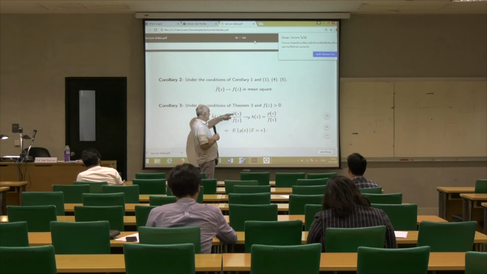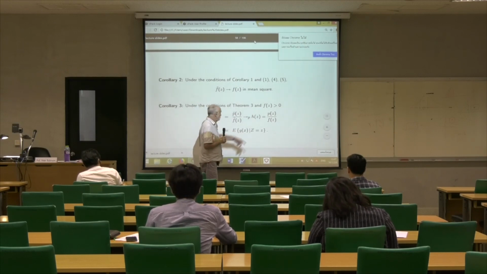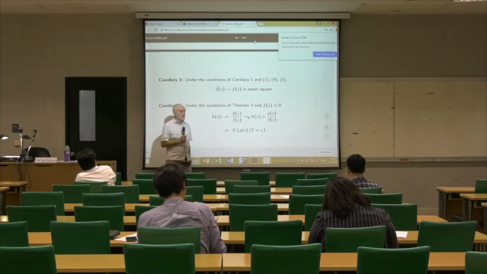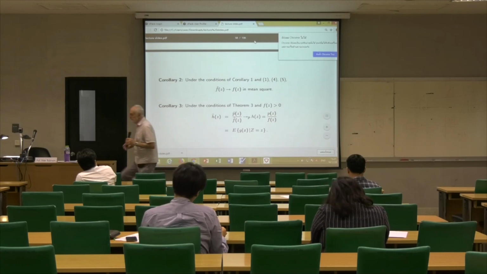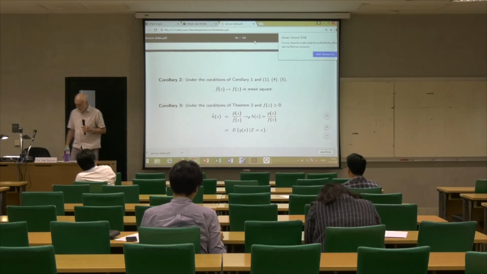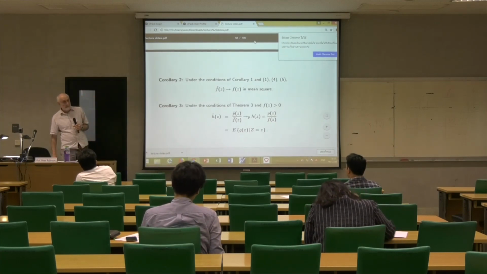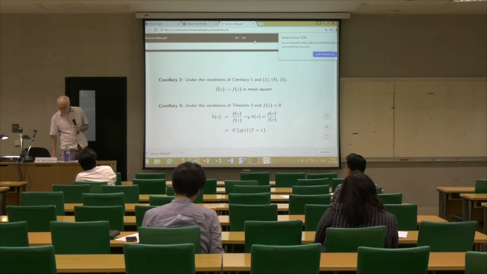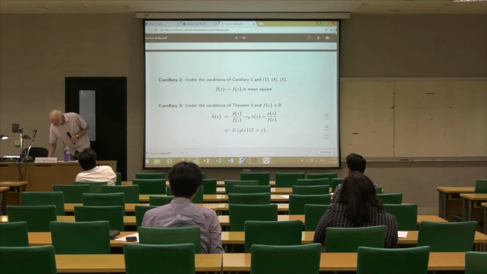This will converge to P of Z, this will converge to F of Z, and P over F is just the H of Z, or this quantity. So we've got consistent estimates of those, and this is under pretty mild conditions. As I say, it's not easy to get rid of this.